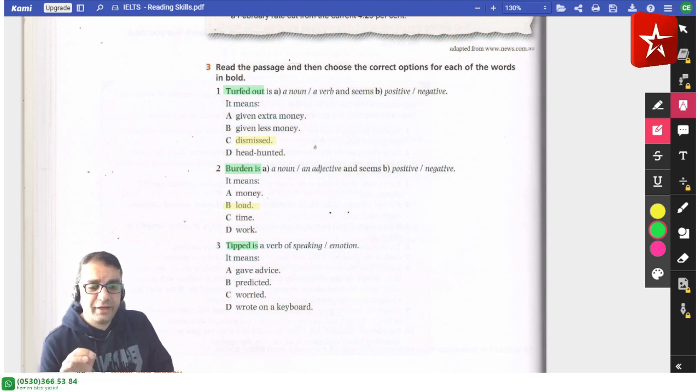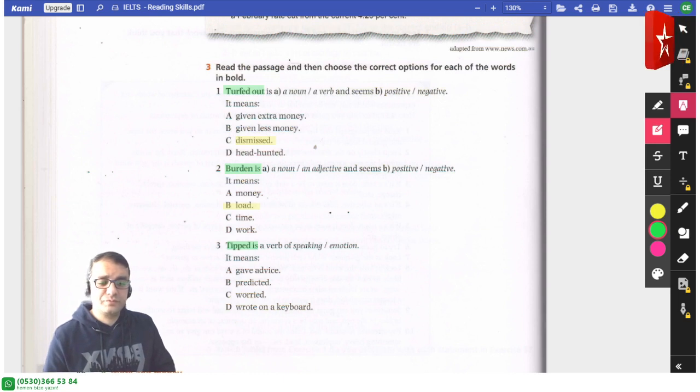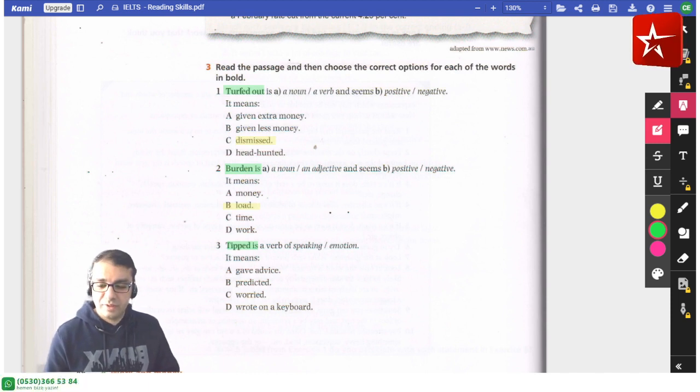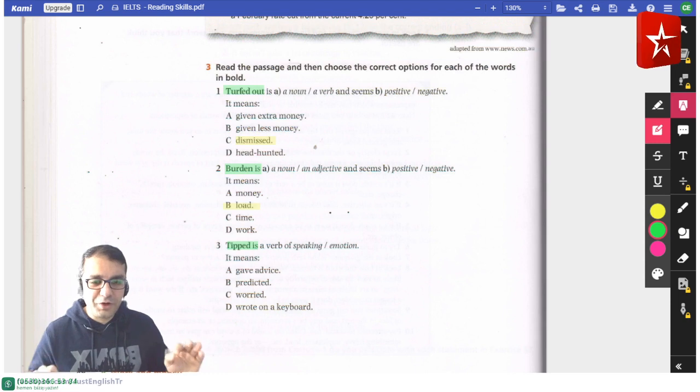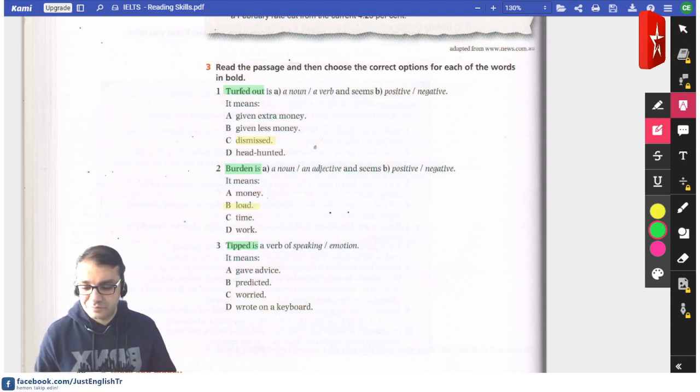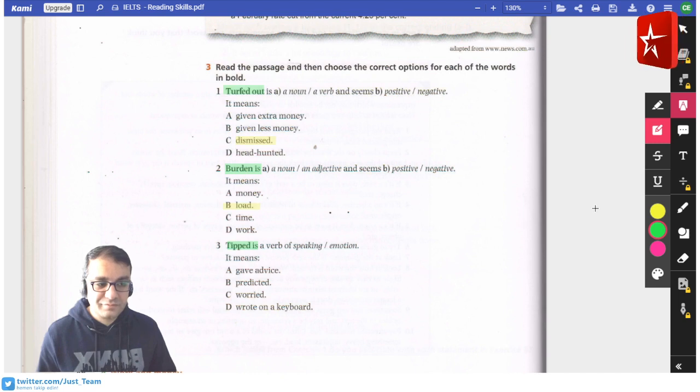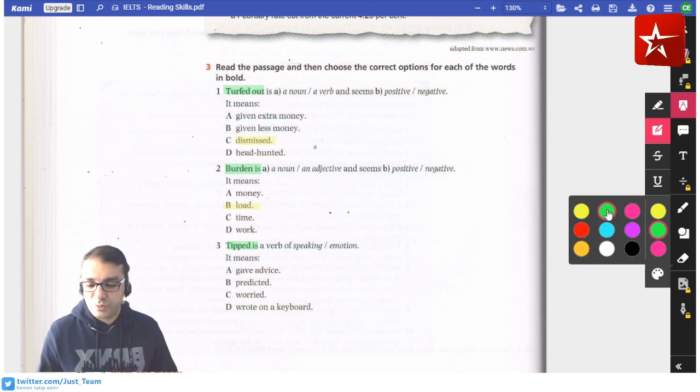What do you think is the keyword? Is it speaking or emotions? Let's go first. Speaking or emotions? Come on. Which one? Speaking or emotions?